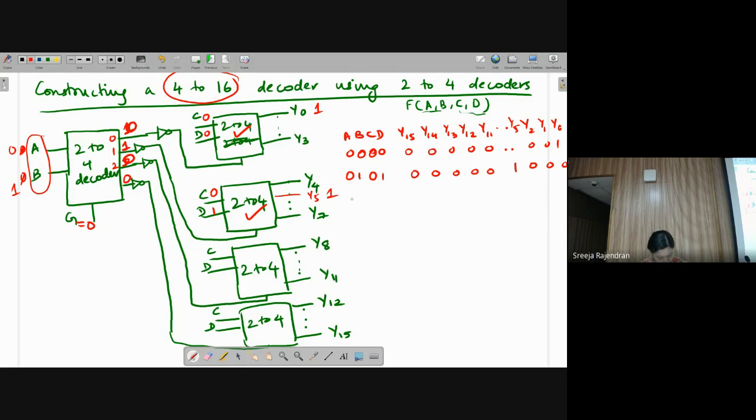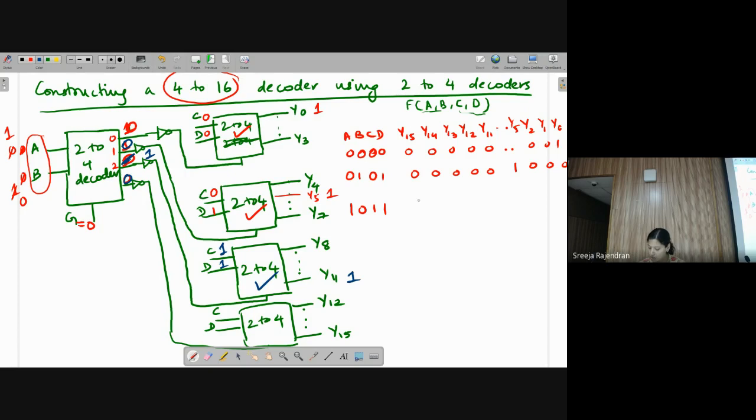Okay, then one more case, 1, 0, 1, 1. 1, 0, 1, 1 means 1 and 0, so this will become 1. The rest are all 0. So this one turns on, and 1, 1 means Y11 becomes 1.